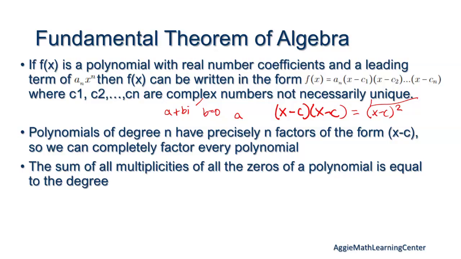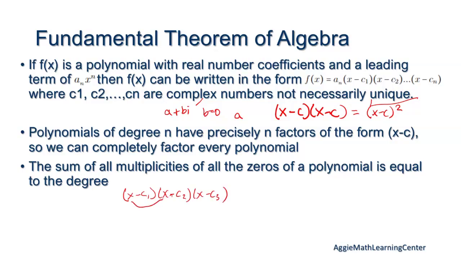Polynomials of degree n have precisely n factors of the form x minus c, so we can completely factor every polynomial. And the sum of all multiplicities of all the zeros of a polynomial is equal to the degree. So that pretty much means if we write everything out, x minus c1, x minus c2, x minus c3, right?